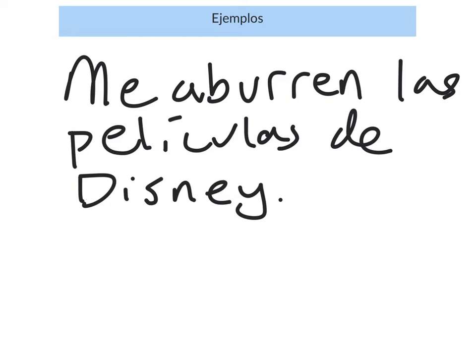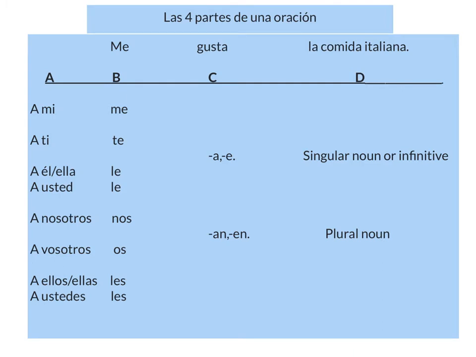Okay, so the next part of our lesson is we're going to look at how to actually use these verbs in a sentence. What you're looking at right now is a sentence diagram. We're going to go through what each of these phrases and little words and endings means.